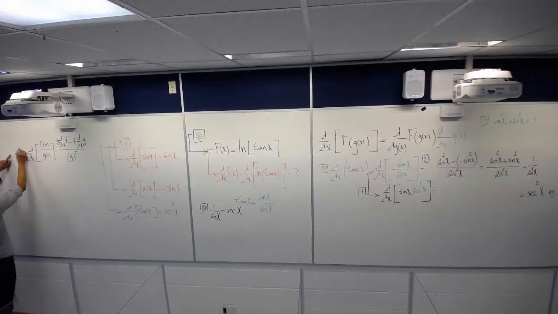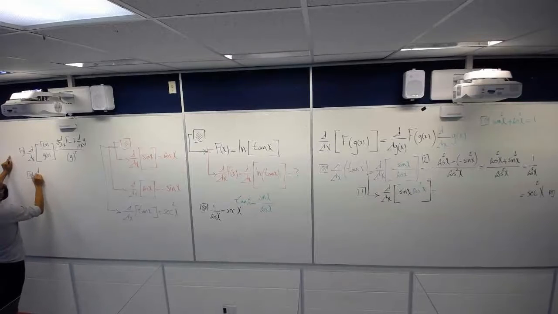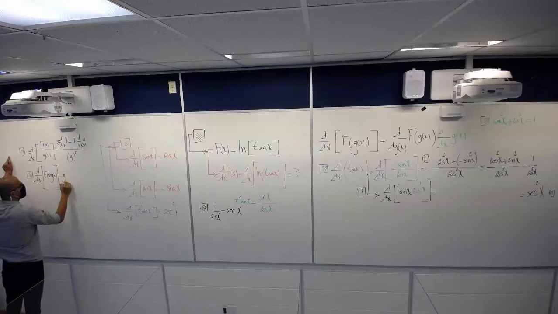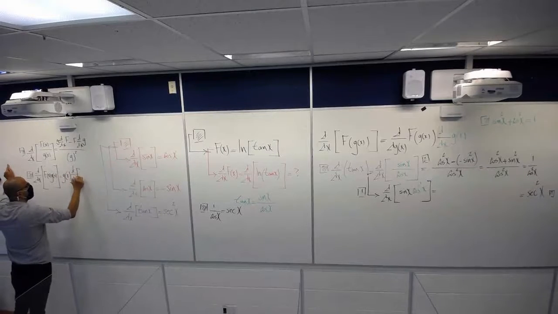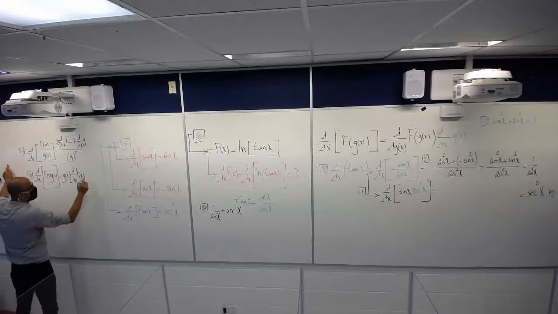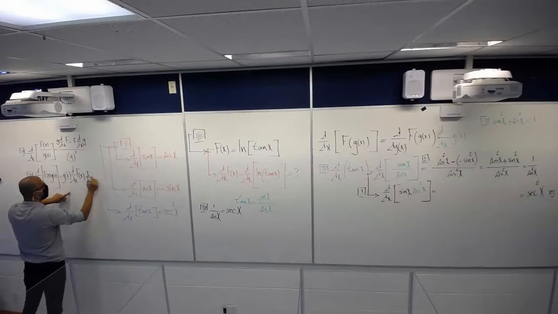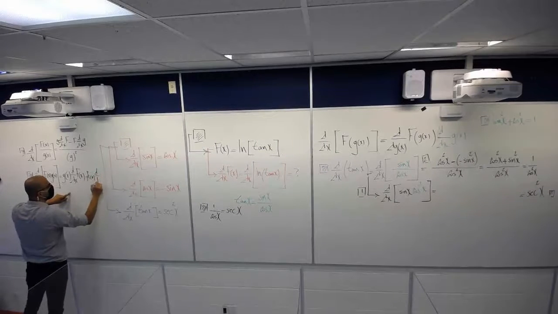That was the quotient law. The product law is this: d over dx of f of x times g of x becomes f prime of x times g of x plus f of x times d over dx of g of x.